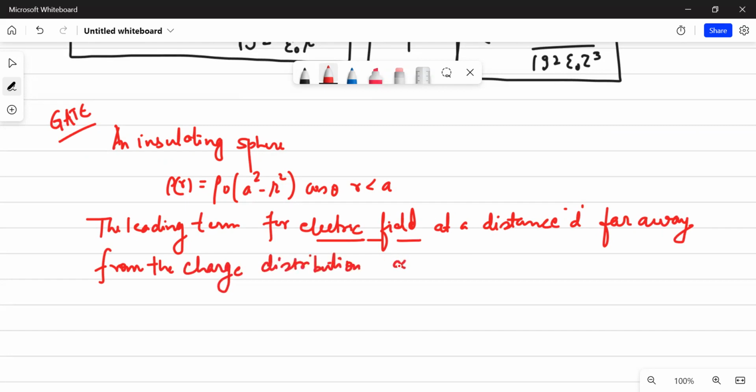So it was given, it was proportional to d to the power -1, d to the power -2, d to the power -3, d to the power -4. So this is what it was asked.